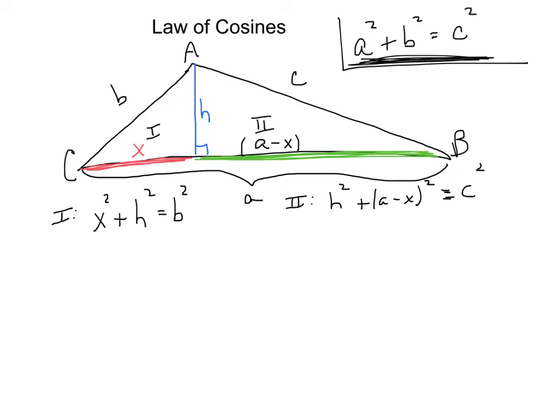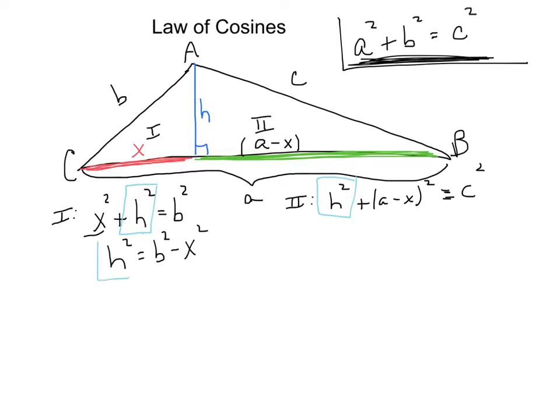Now, what you'll notice is, we'll do light blue this time, this and this are common to both. So I'm going to solve this equation here in triangle number 1 for h squared. And what I will end up with is h squared equals b squared minus x squared, because I'm just going to take this term and subtract it from the other side.